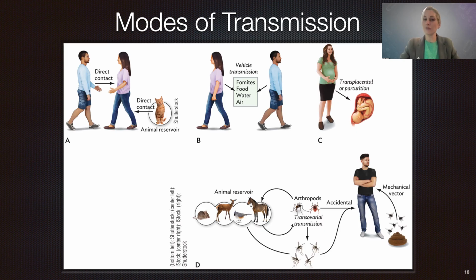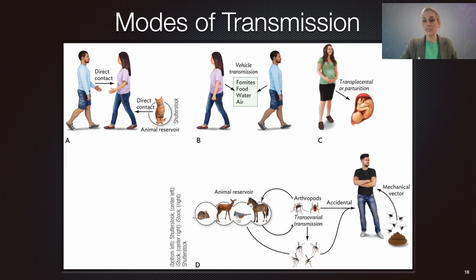This can be from fomites. Fomites are inanimate objects. It can be something as simple as a doorknob that you touch, or maybe a water fountain, or food you consume, or the air that you breathe. This is vehicle transmission. We have transplacental transmission as well, which is from mother to child. So it moves through into the child.